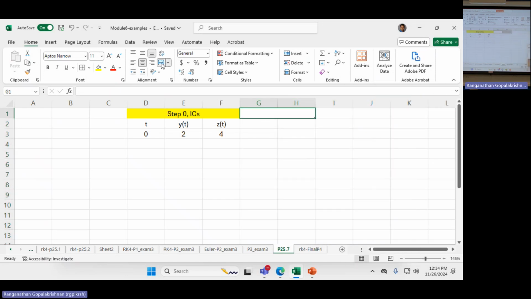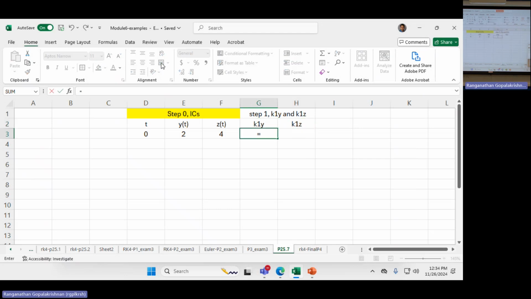Step 1, K1Y and K1Z, which is the function evaluated at t, y and z.